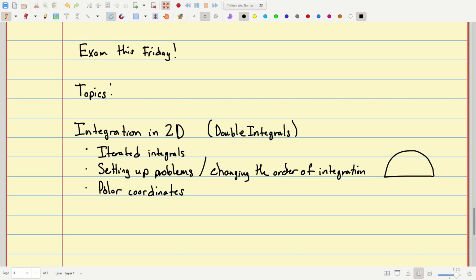There may be cases where you have a radially symmetric domain that, if I were really tricky, I could come up with an example where it'd actually be easier to integrate in rectangular coordinates than polar coordinates. But that would be a really asinine thing for me to put on a test.